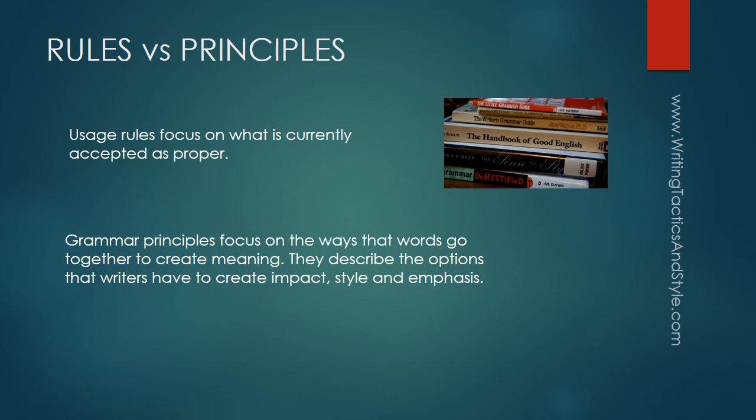As I said earlier, usage rules focus on what is currently accepted as proper, and there are dozens and dozens of books out there that cover usage rules. They don't really cover the elements of style, and these books tend to agree on the vast majority of usage situations.